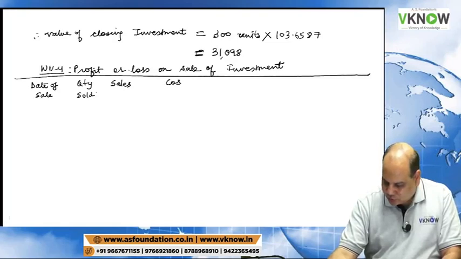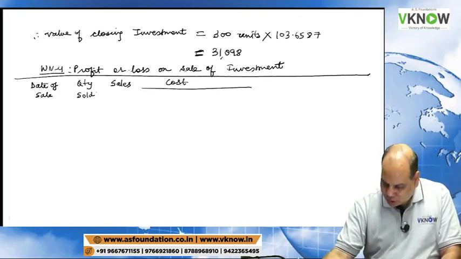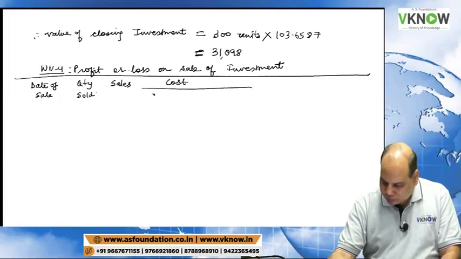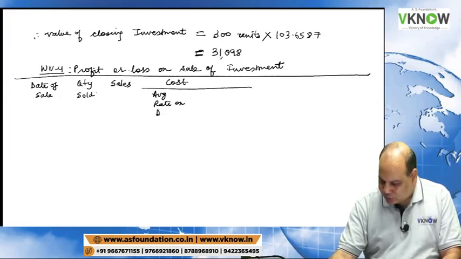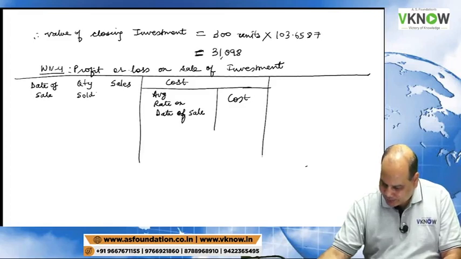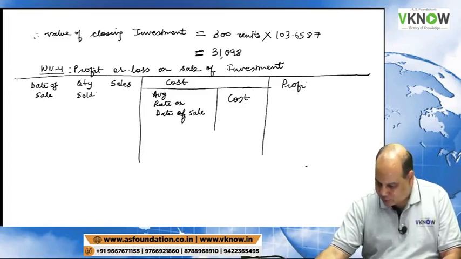Then cost. Under cost we will write down average rate on date of sale. Average rate on the date of sale, and then we'll get the cost, and then we'll get the profit.